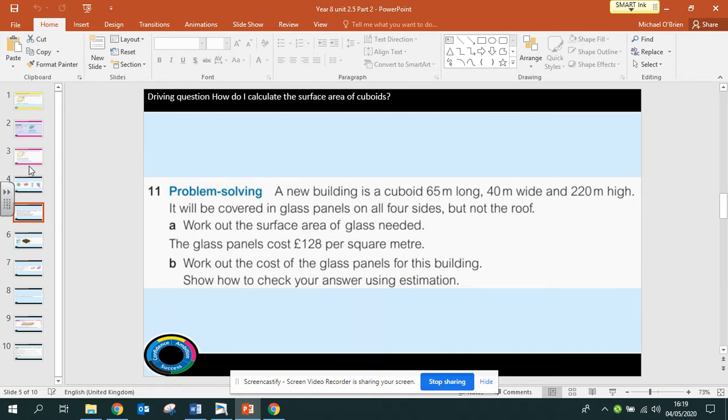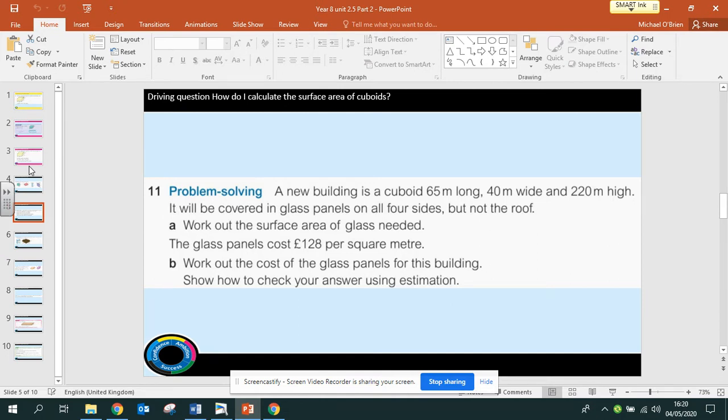Okay, for this, what we've got here in this new building is we need glass panels on the sides, but not the roof. And obviously not on the ground either. So all we need are the 4 sides.